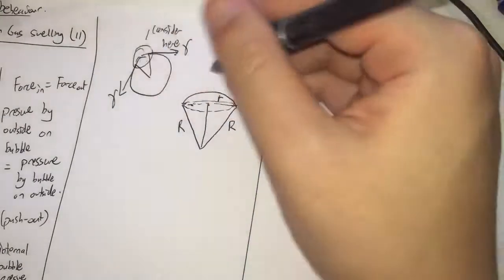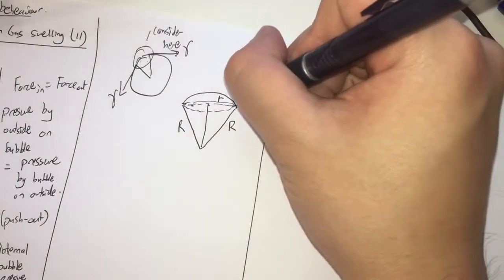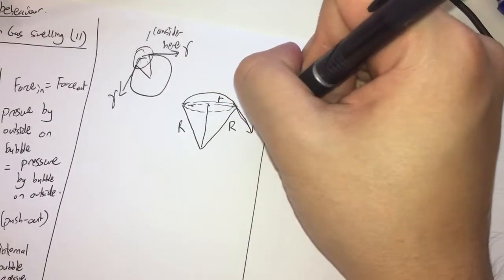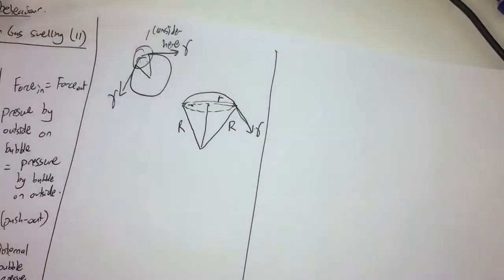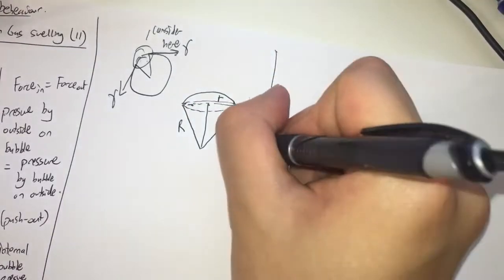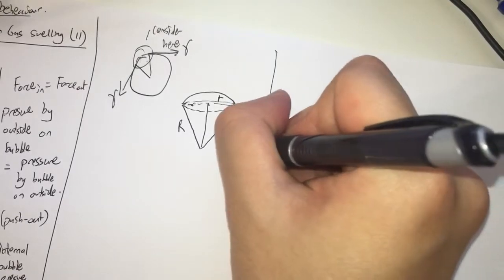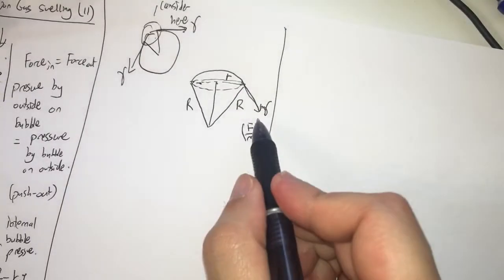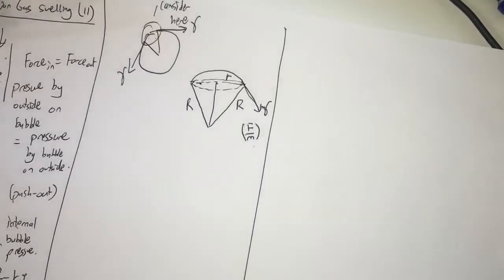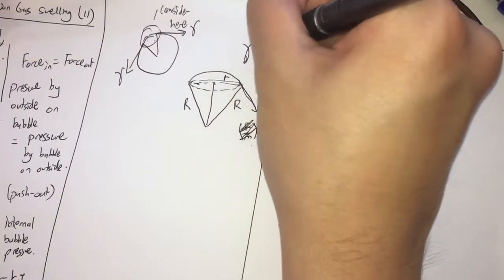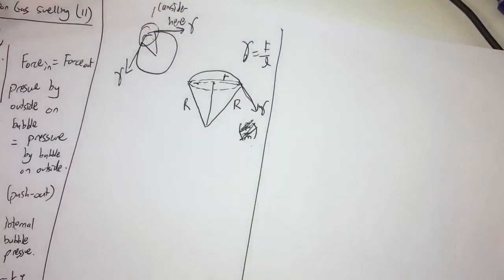The surface tension again is tangential in this way. This is the force per unit length, so gamma equals force per unit length.